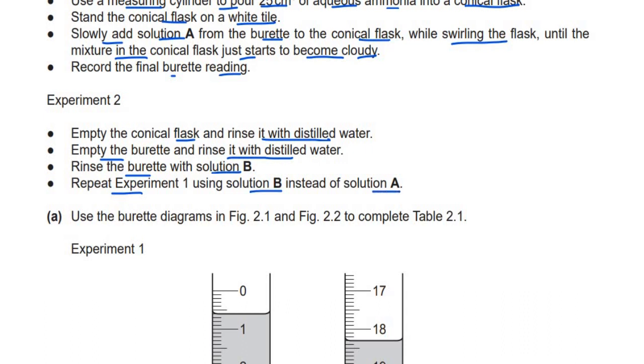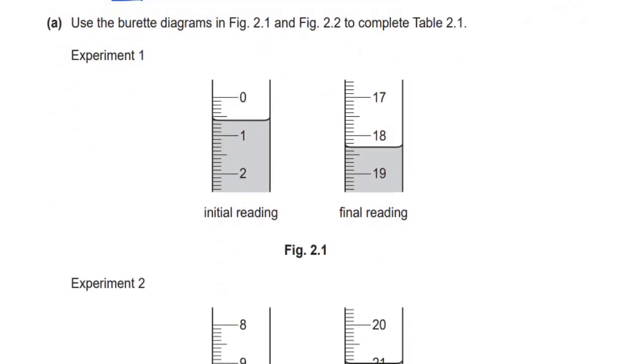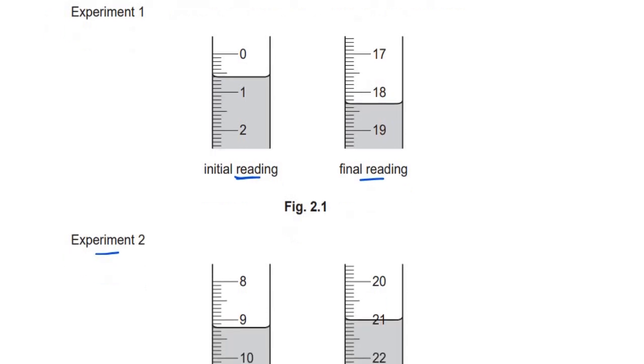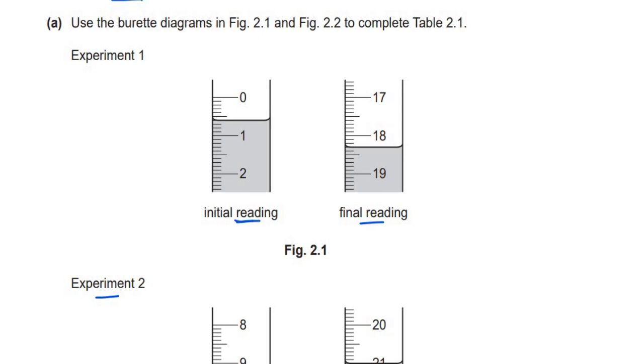Okay, and here we have the burette readings of experiment 1 and experiment 2, with initial reading and final reading. For experiment 1, the initial reading is 0.6 cm³ and the final reading is, I think, 18.3.